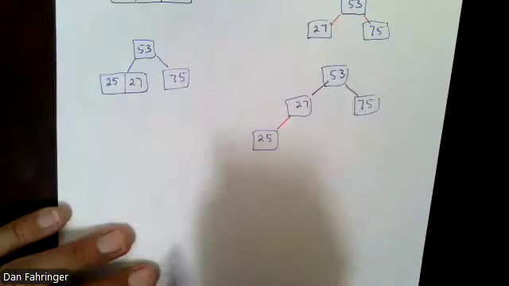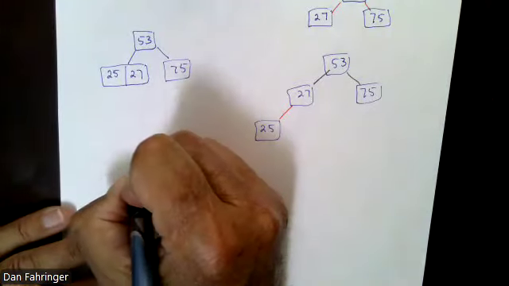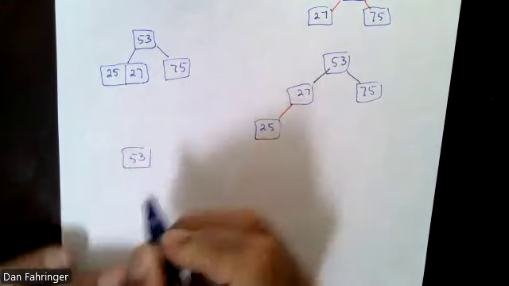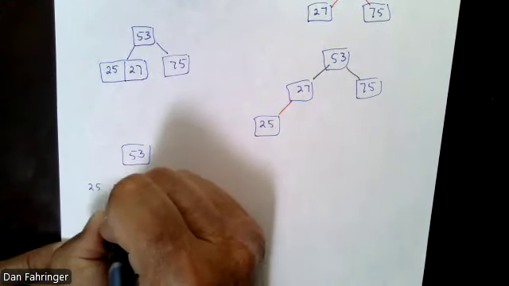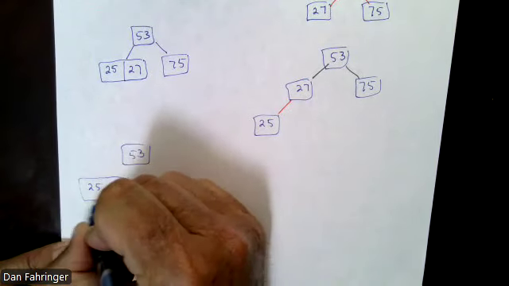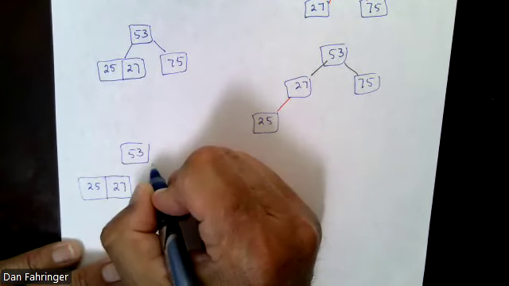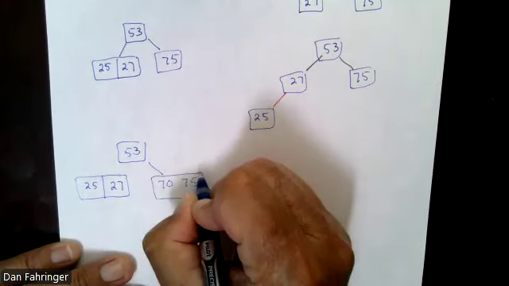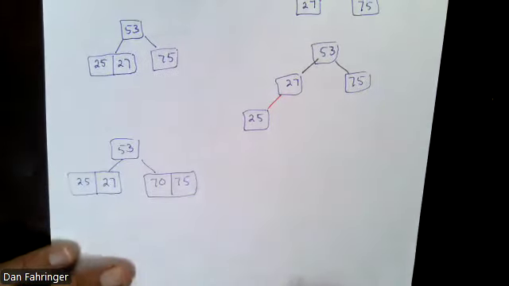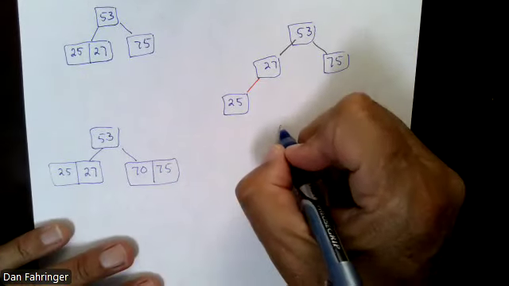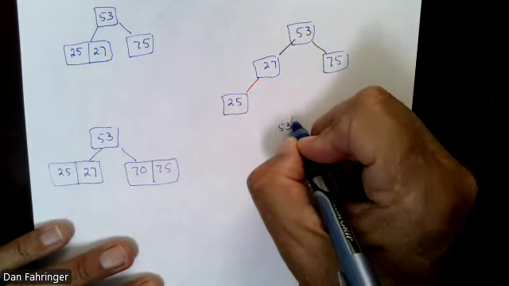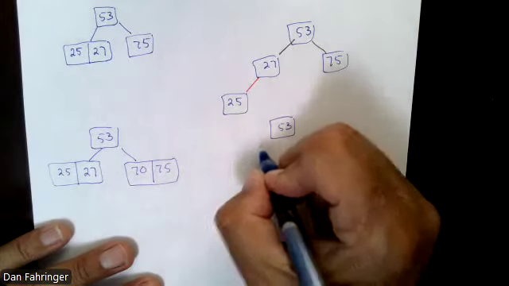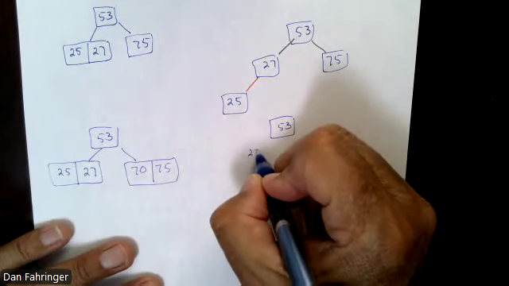Next number is 70. So now I have 53 hanging out. I have 25, 27. I now have 70 and 75. We had 27 here.